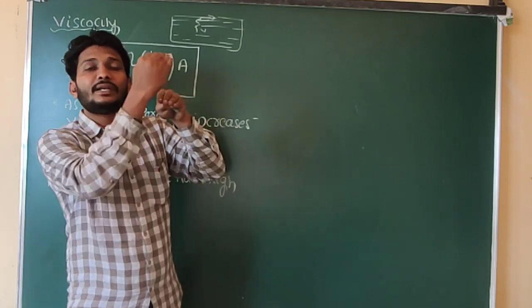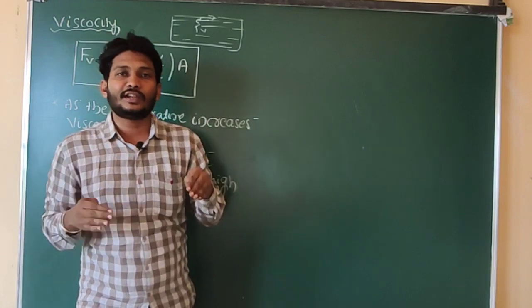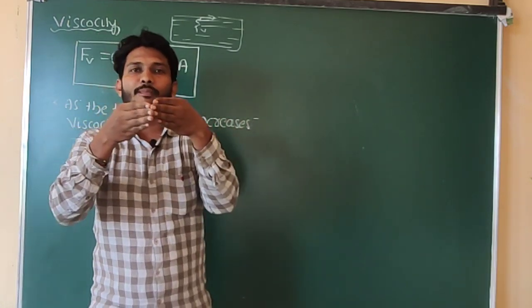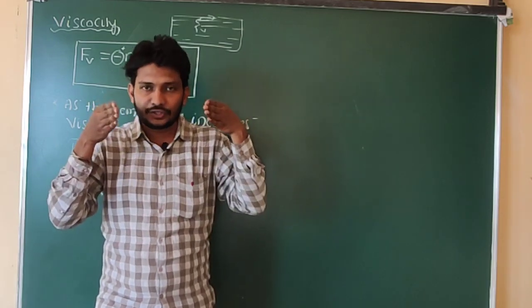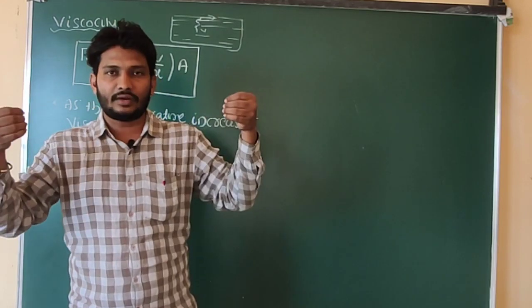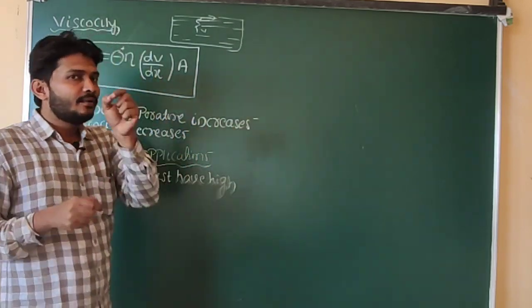As a result of splitting of the air, viscous force decreases. In case of ships, the front part is also made sharp. That sharp shape can easily split the water, so it can avoid viscous force.